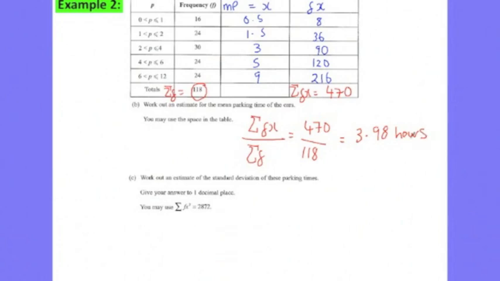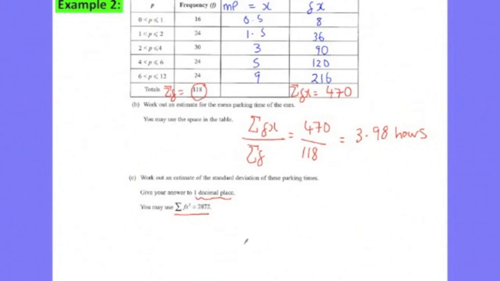Now, work out an estimate for the standard deviation of these parking times. We're asked to give our answer correct to one decimal place. We must round correctly, and we've been provided with a value for the sum of fx squared.